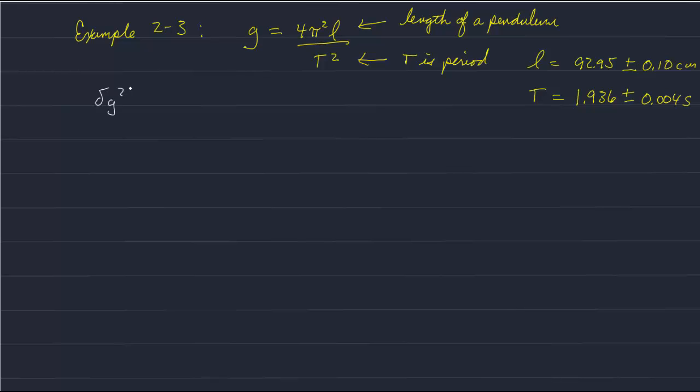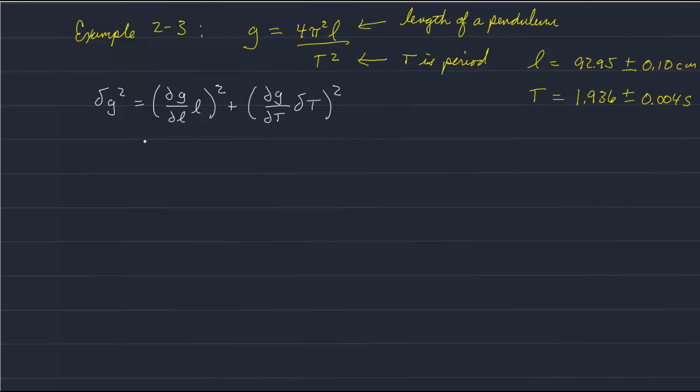So the squared uncertainty of g is again equal to the partial derivative of g with respect to L times delta L, and that whole thing is squared, plus the partial derivative of g with respect to T times delta T, and that's all squared.